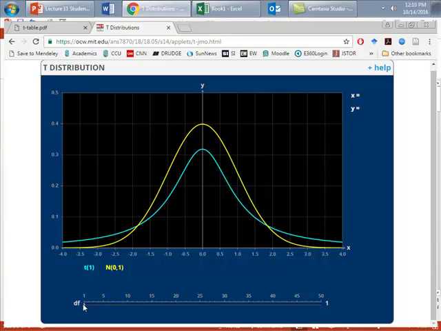So compare the blue line to the yellow line and tell me, how does it look different? What's higher? The peak is higher. Okay.